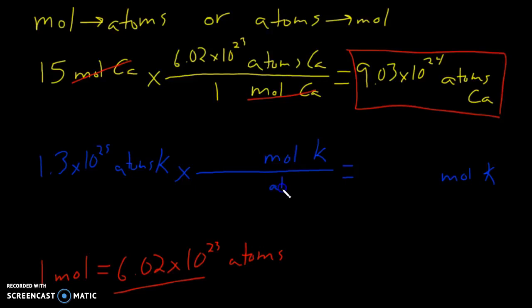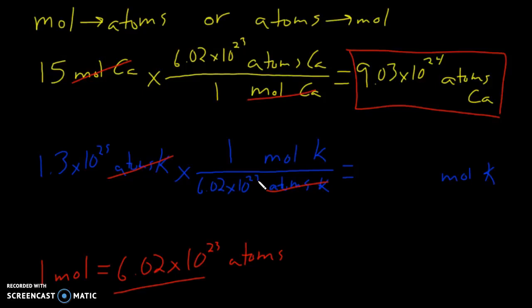And I put atoms of potassium in the bottom. Because, again, I've got to make sure that my atoms of potassium cancel my atoms of potassium. And I'm left with just moles at the end. So now I just got to fill in my numbers, and then I know that 1 mole is equal to 6.02 times 10 to the 23rd atoms.